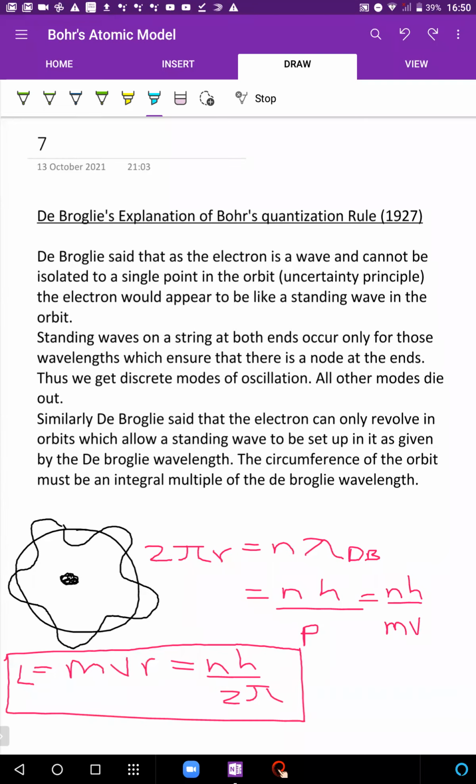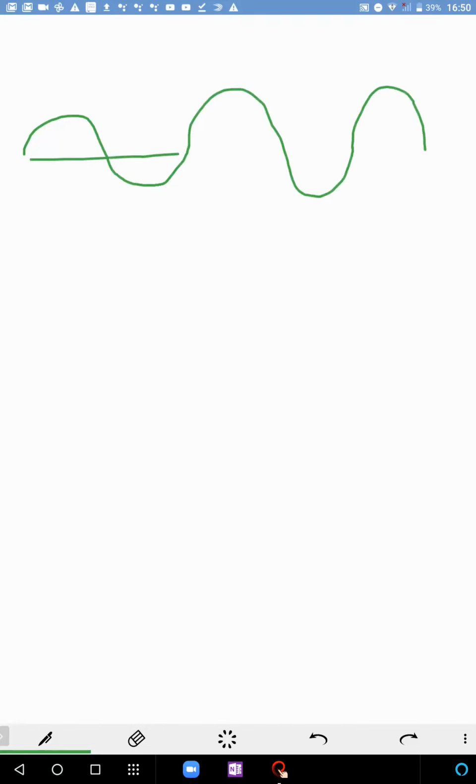So here 2 pi r has to be n times the de Broglie wavelength. Why again? If 2 pi r is not n times the de Broglie wavelength, for instance, if you're wondering why 2 pi r can't be 2.5 times the de Broglie wavelength, then look, this is one repetition, this is the second repetition, and this is now half a repetition.